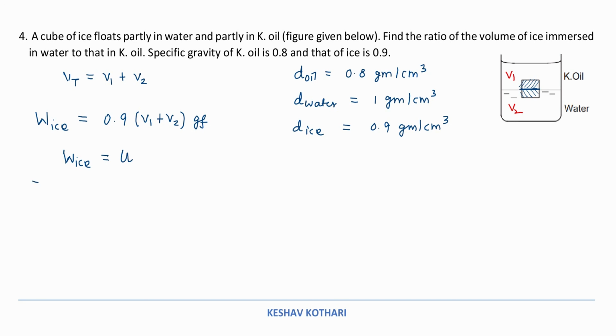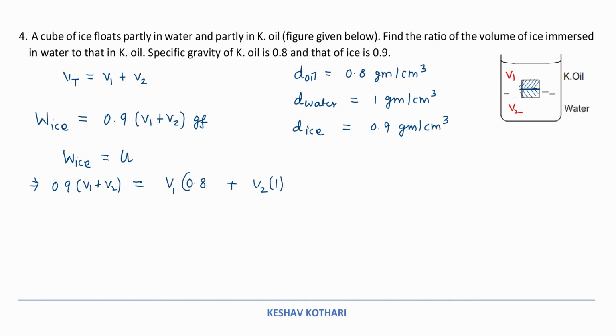So I can write 0.9 times V1 plus V2 is equal to the upthrust. Upthrust is equal to volume of solid times density of liquid times g. Since the total volume is not in one particular liquid, I am writing it as volume V1 in kerosene oil times density of kerosene oil, in gram force, plus volume V2 in water times density of water, also in gram force.